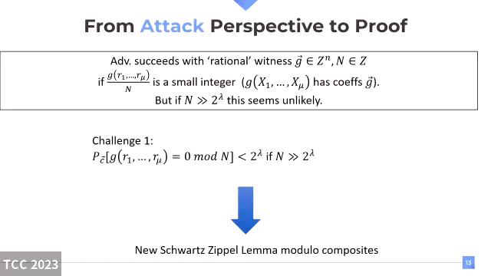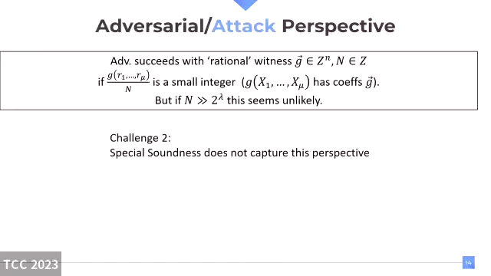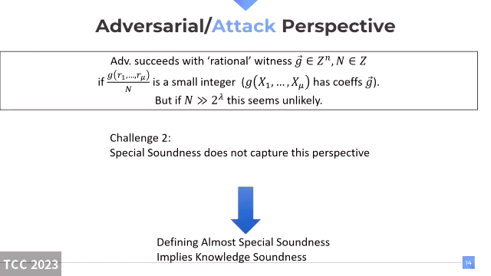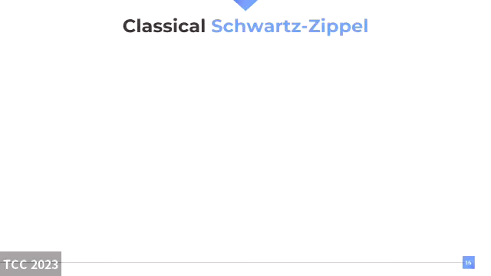So g certainly doesn't seem to be independent of the challenges. So what does it mean here that the challenges are chosen randomly? In order to capture this notion, we had to define a new notion called almost special soundness, which implies knowledge soundness. I'll use the last 2 minutes to talk about this new Schwartz-Zippel lemma.